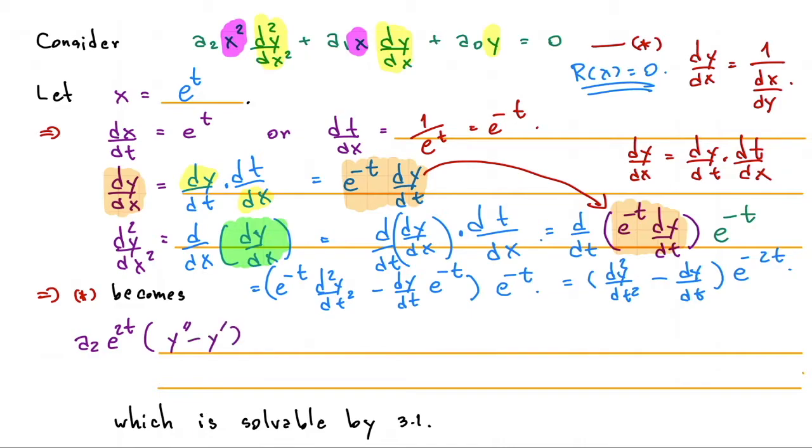Okay, let's write it explicitly, because we have dy by dx and dy by dt, right?